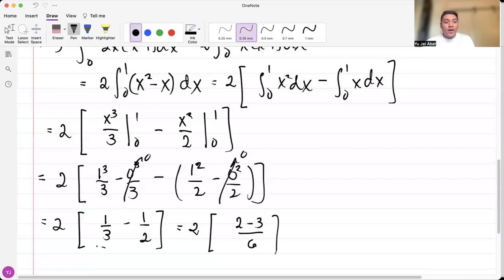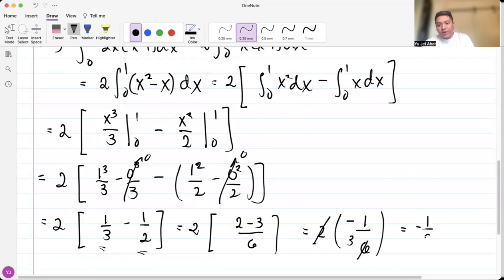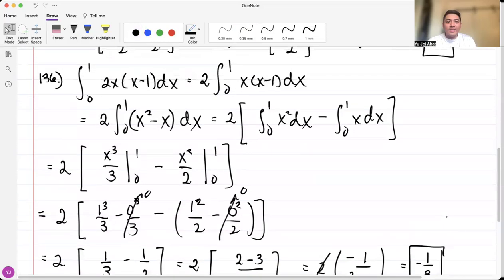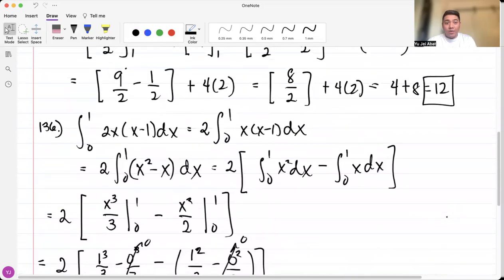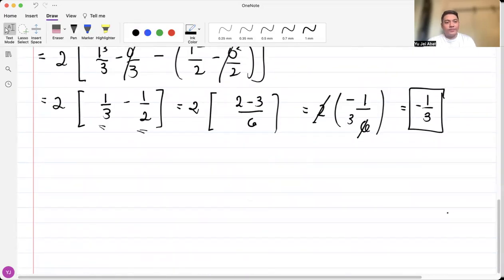So we have negative 1 all over 6. So our answer would be negative 1/6. All right, so this is our answer for this number 136.